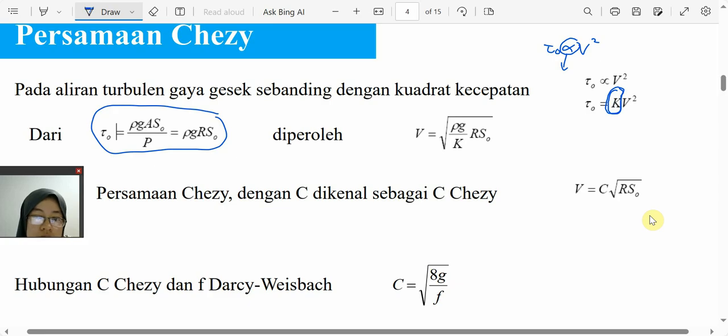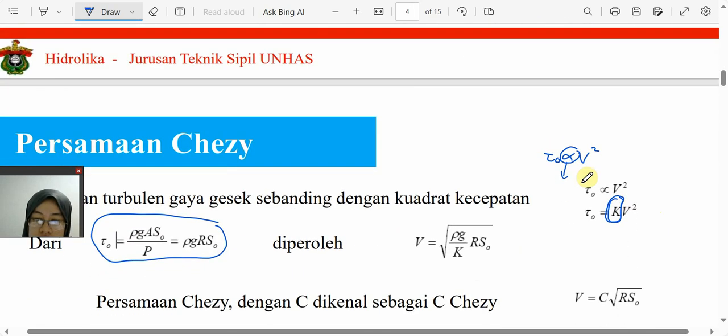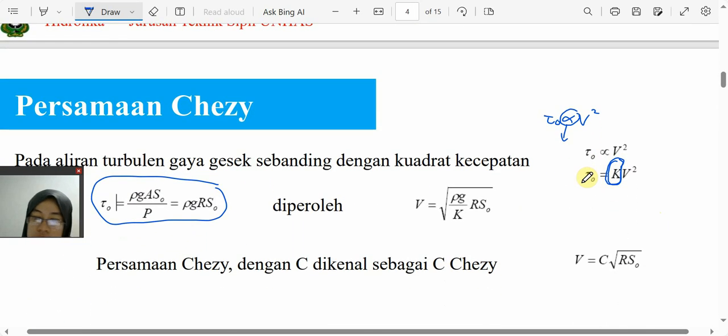From that, if we use this into this, and v square, so v is equal to, the square becomes the root.